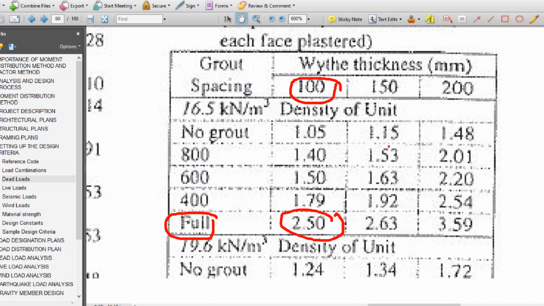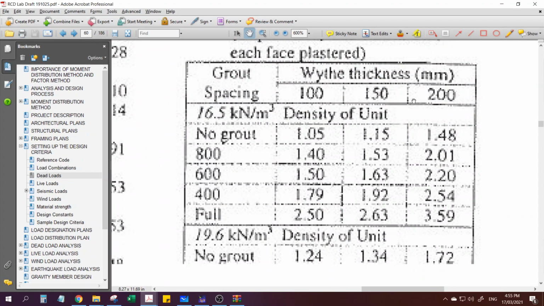Then sabi ni code, add ka ng 2.4 kilopascal each face. So 2.5 plus 0.24 times 2. So ilan yan? So that is 2.98 kPa. 2.98 kPa. So yan yung exterior wall in kPa, no?